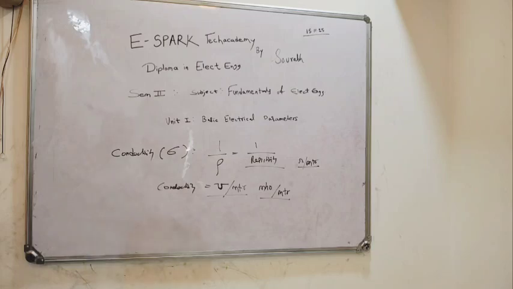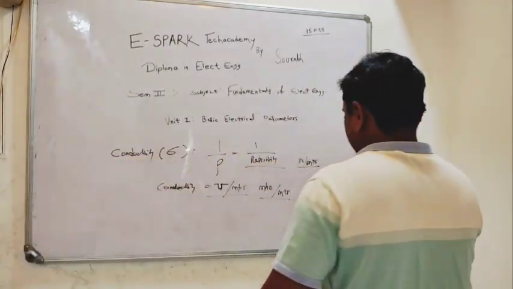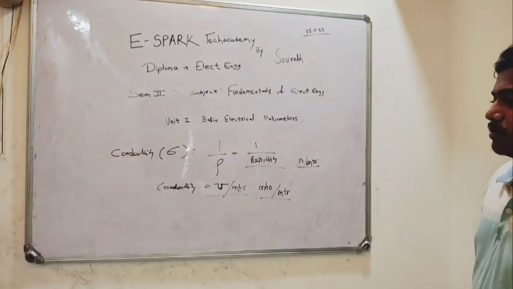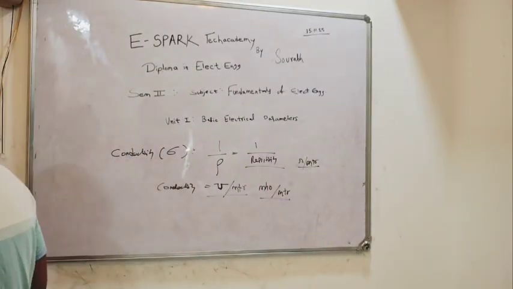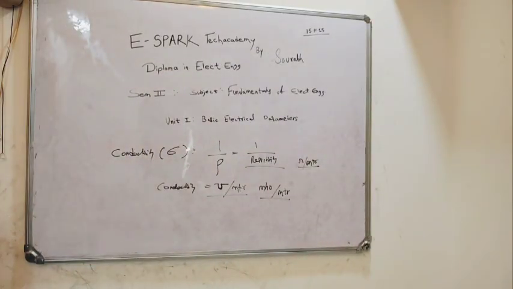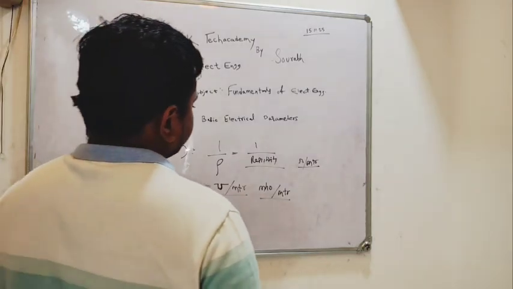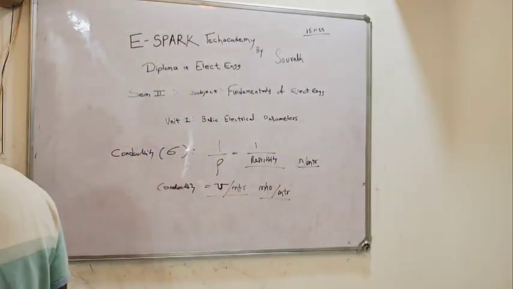You can also say it as Siemens per meter, which is the same unit, because Siemens is nothing but mho, the reverse of ohm. That's why you can also go through it.